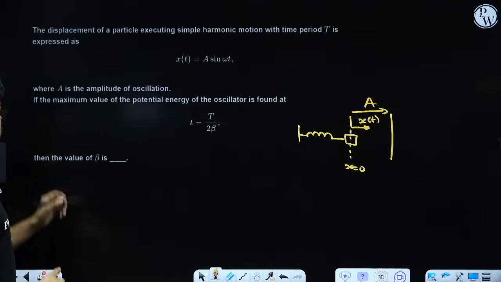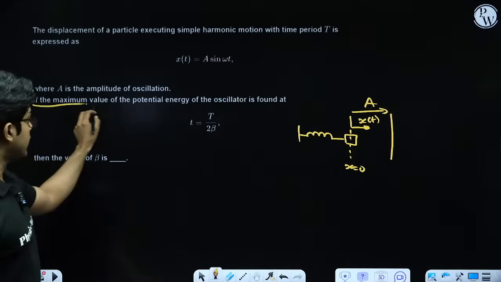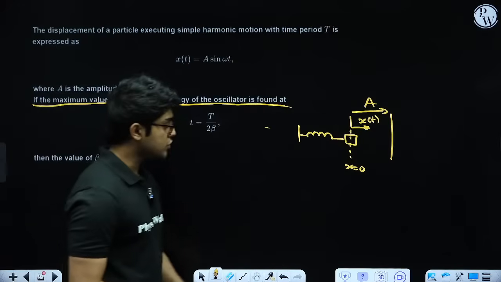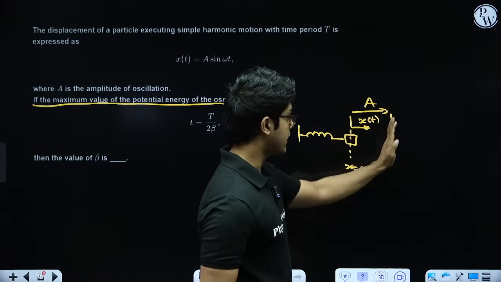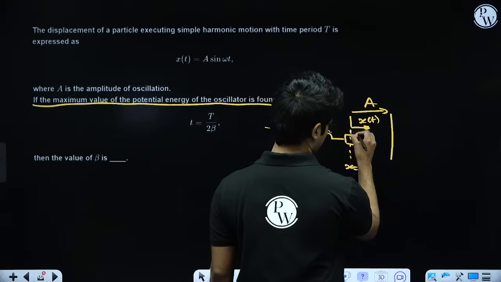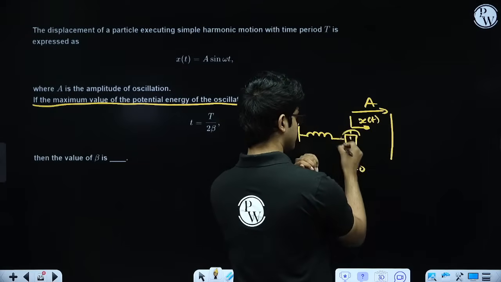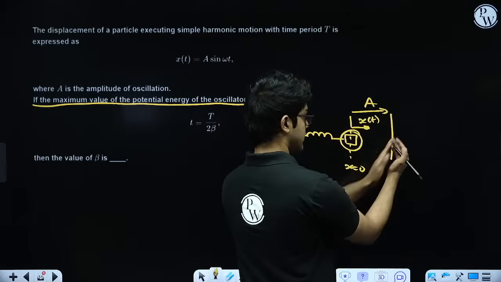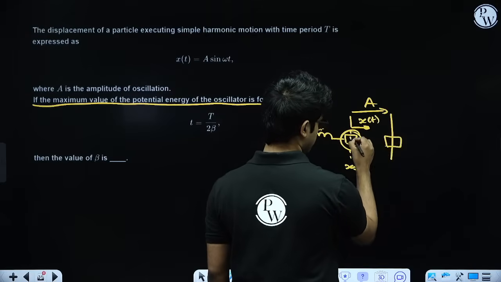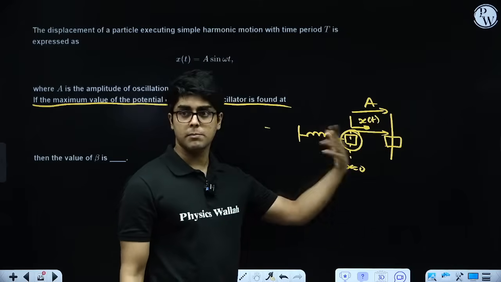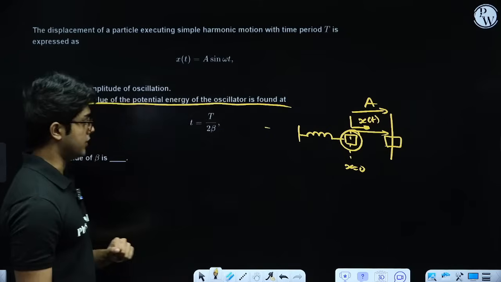Okay. Now the question is, the maximum value of the potential energy of the oscillator happens at T by 4, right? At T by 4 the particle or the mass reaches the extreme position, and when it reaches the extreme position, the spring is maximally compressed or elongated.